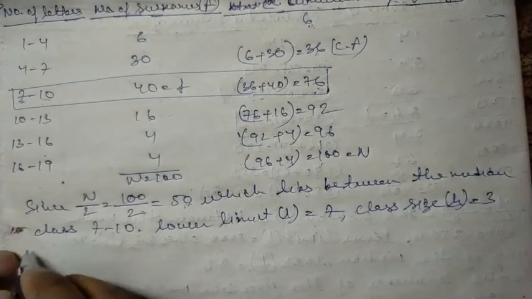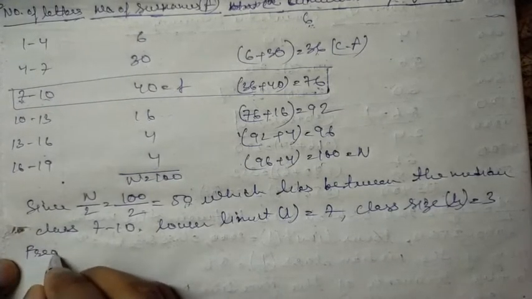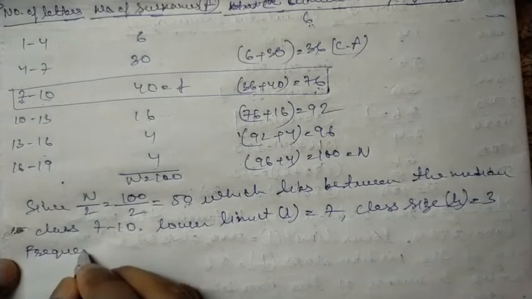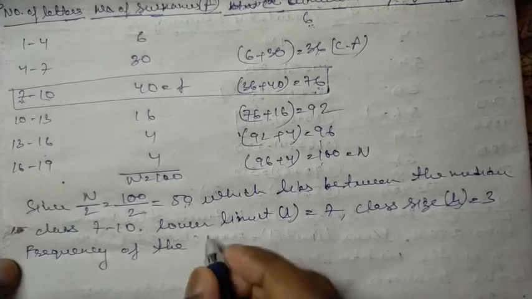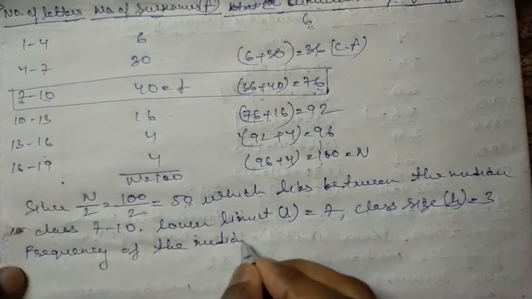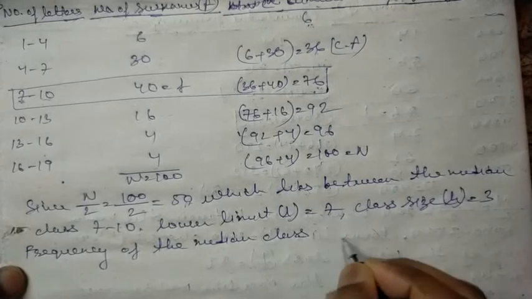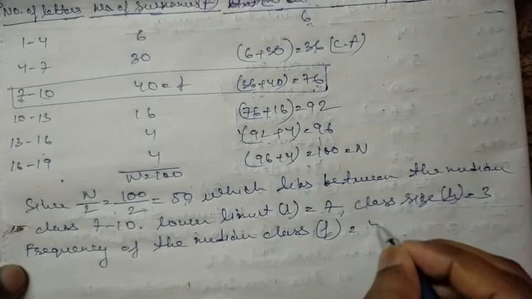The frequency of the median class, f, is 40.